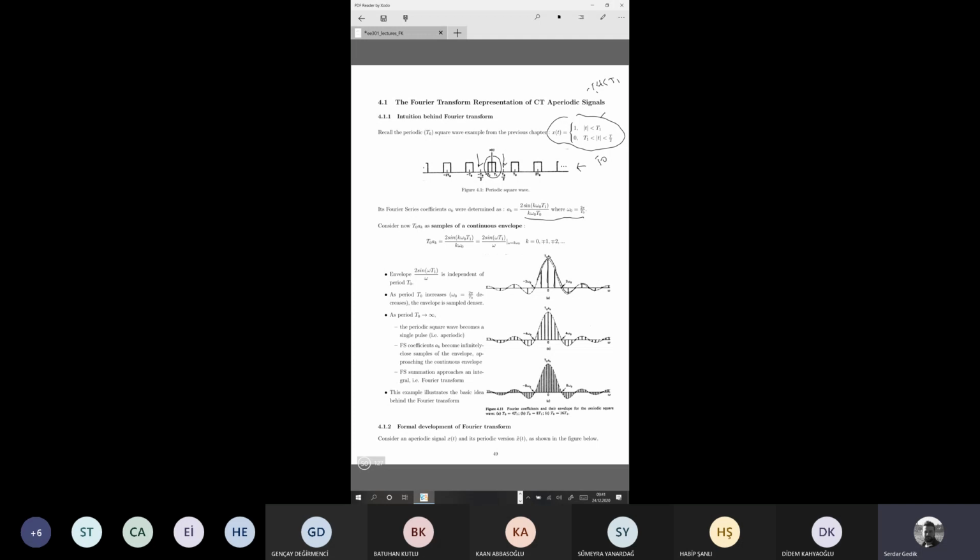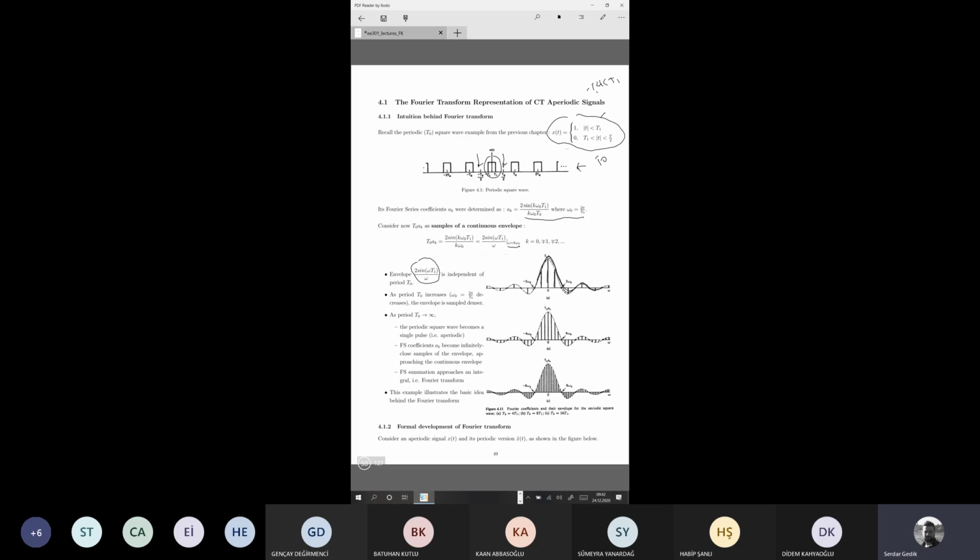I can define this envelope as a continuous signal, by assuming that omega is k times omega 0. I can define this envelope as 2 sine omega t1 over omega, and it is independent of the period t0. So this envelope, defined over the tips of the a_k coefficients, does not depend on the period t0.